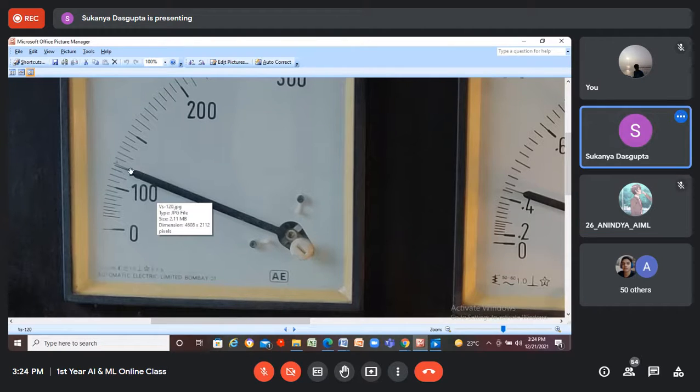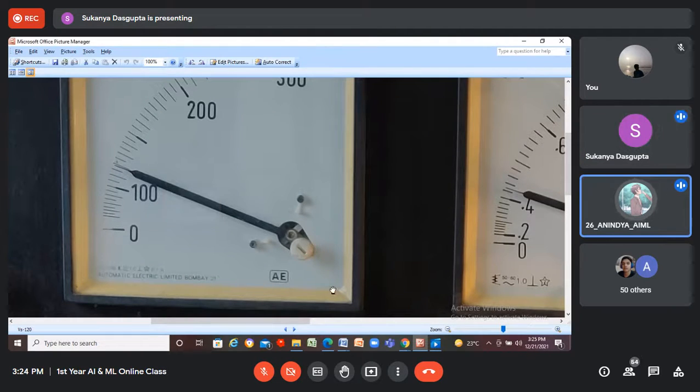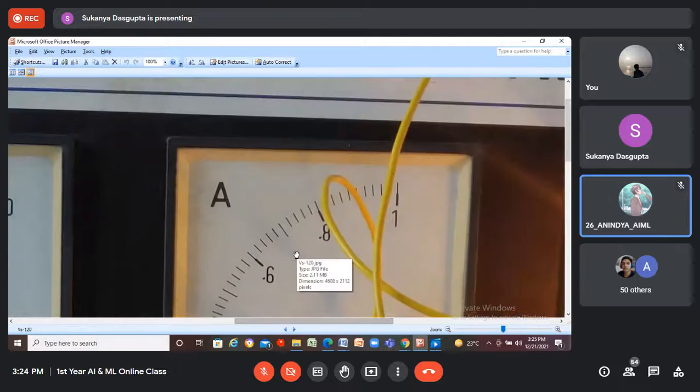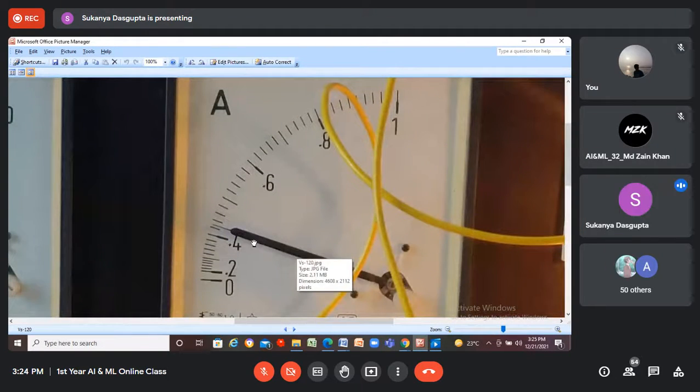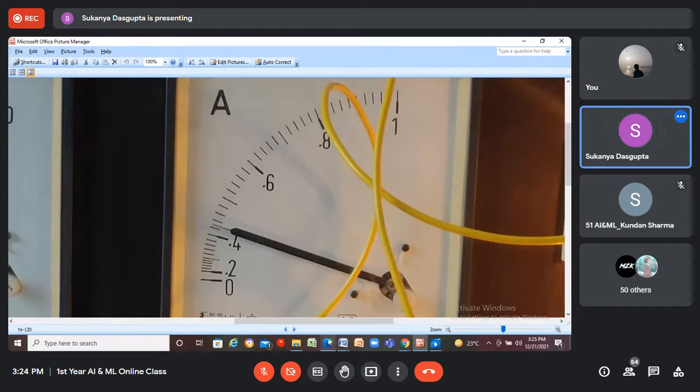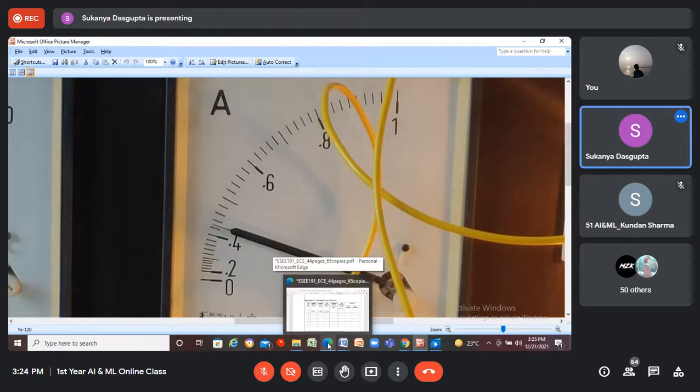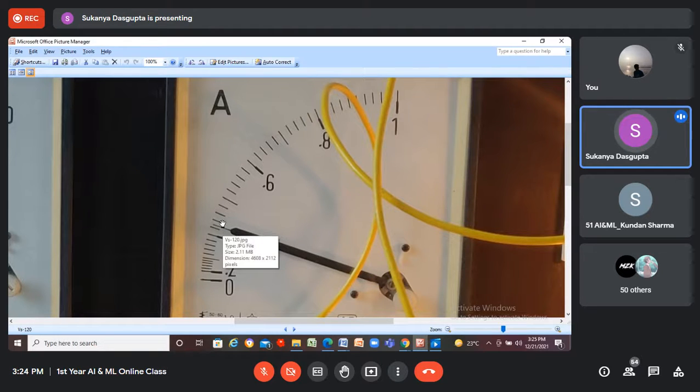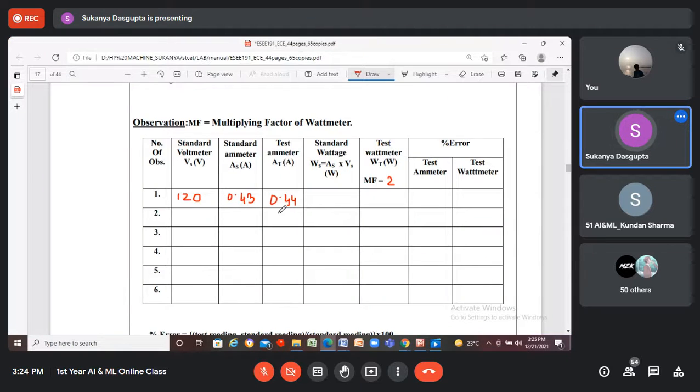Yes, ma'am, you consider 0.425. We have considered 0.43. This is 0.42. This is 0.44. So the middle one is 0.43. We have taken 0.43.